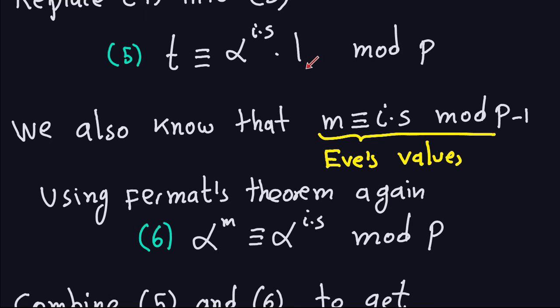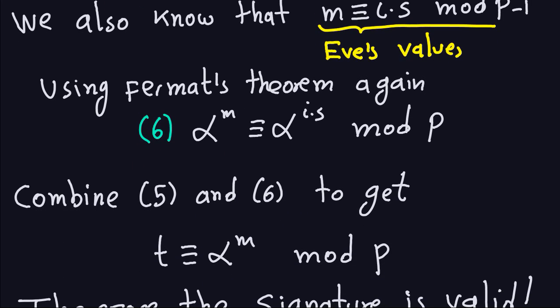If you look at equation 5 and equation 6, t is congruent to alpha to the is, but alpha to the is is congruent to alpha to the m. So if you combine those two, 5 and 6, you will arrive at the conclusion that t is congruent to alpha to the m modulo p. And that is exactly the fact that says that the signature is valid.